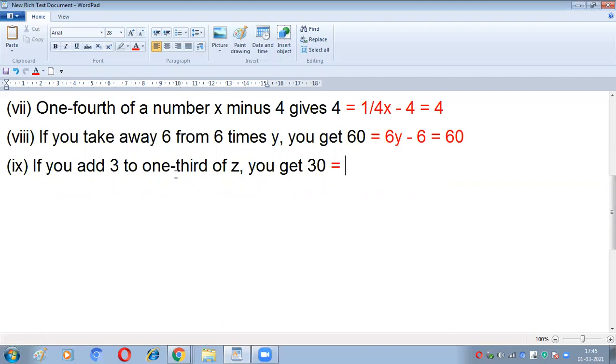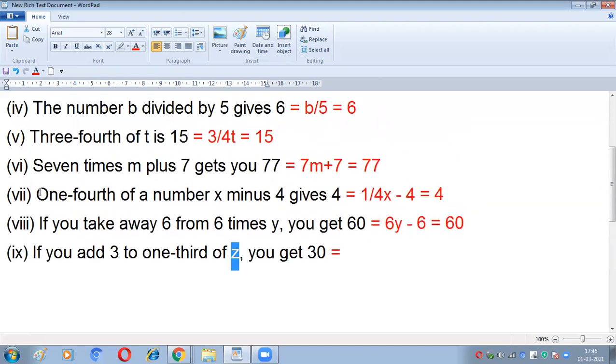And the ninth bit is, if you add 3 to 1/3 of z. Here is z, that means here is the base. So we have to write the base part in the starting of the equation. Here the base is z. In the eighth bit, the base is y. In the seventh bit, the base is x.